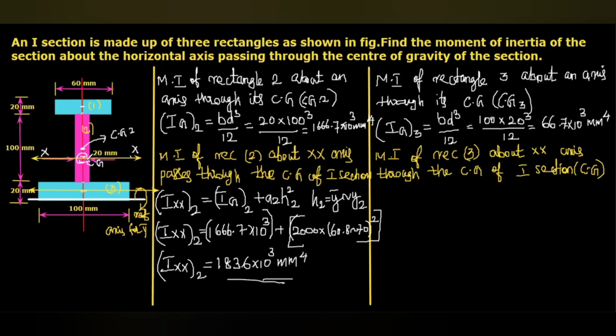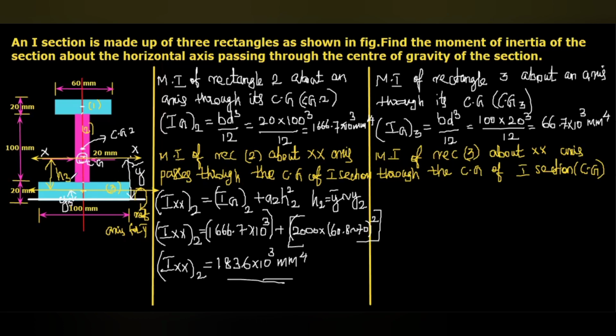So here, these two are parallel axes. And this is the distance between the two parallel axes, that is H3. This we can calculate because, from the reference axis, this XX axis will be at a distance y bar, and this one is at a distance y3.